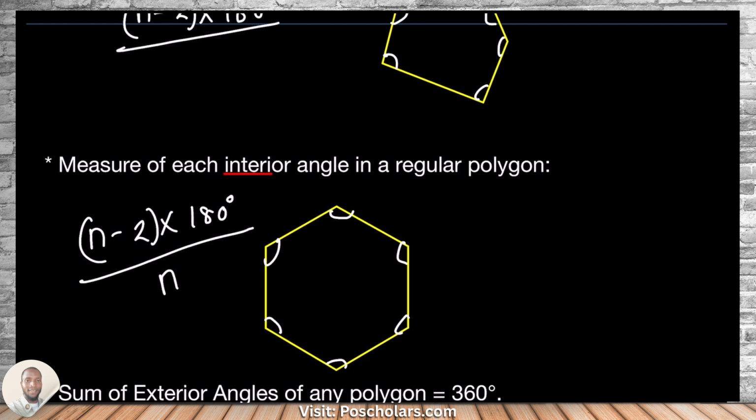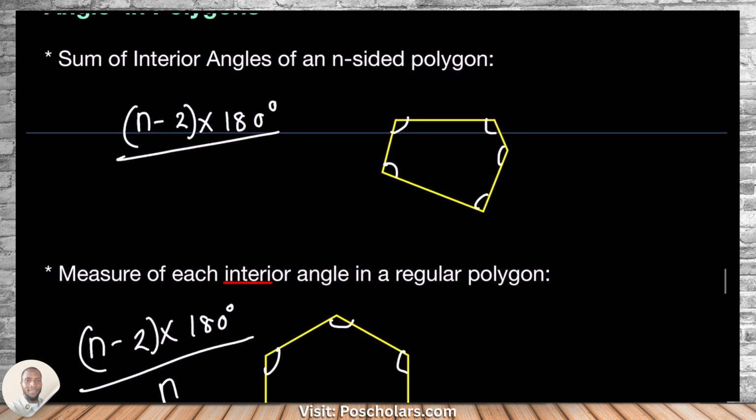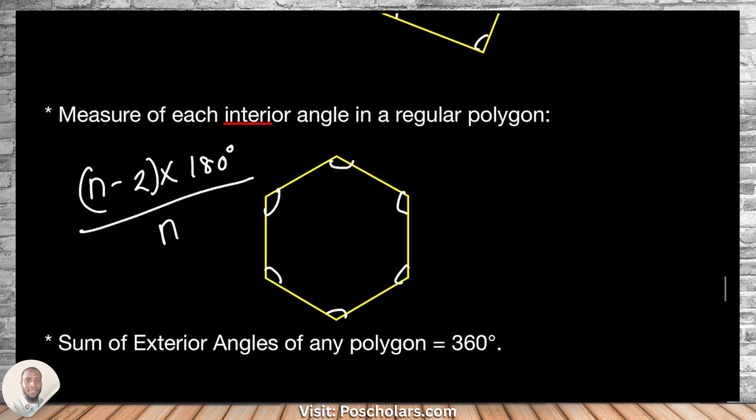Don't worry. When we start solving problems, it will be clear. But just know that this formula is for the sum of interior angles in the polygon, while this formula is for the size of one angle, right? The size of each angle in the polygon.